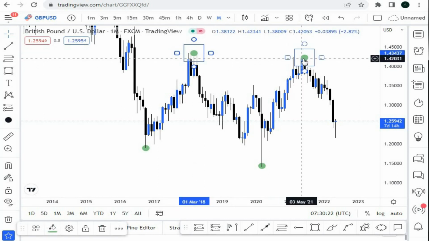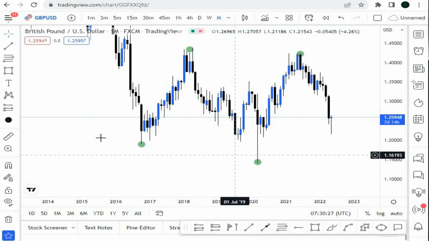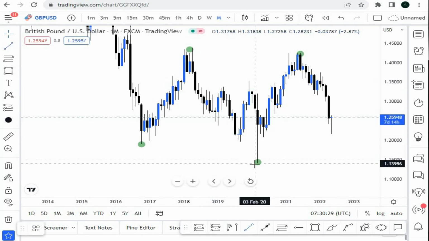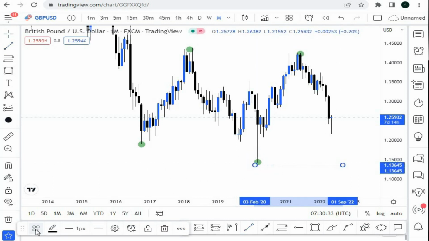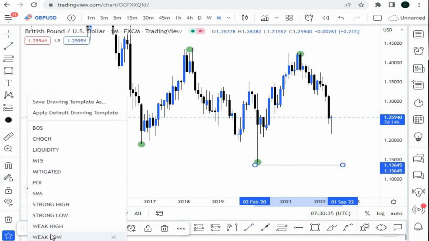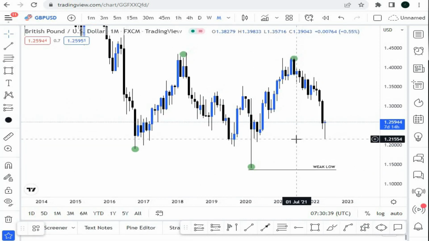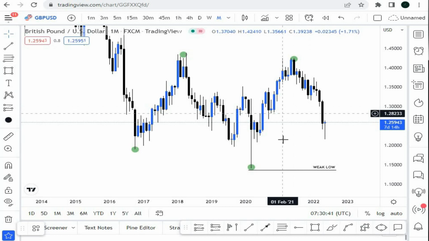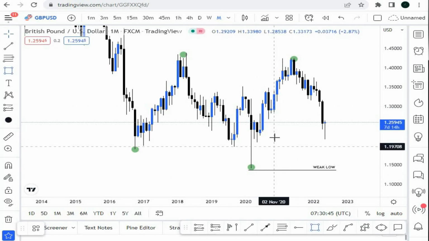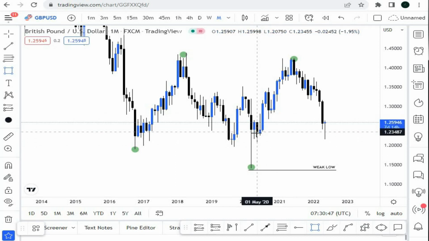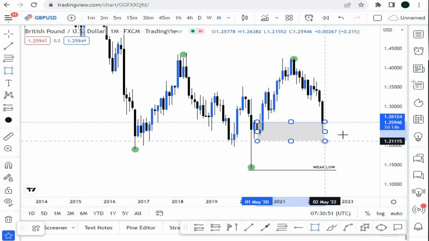And then the price started going down, meaning this swing low right there will now become a weak low, a target low. When price is going up or down, we have to understand that it creates those opposite candlesticks, which resemble our base area.